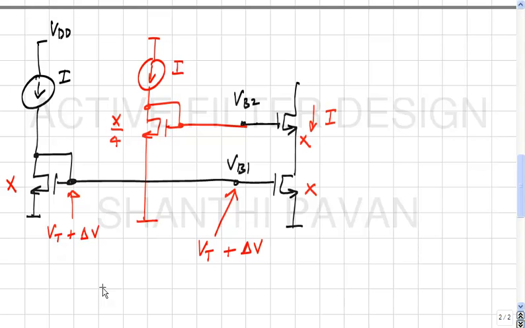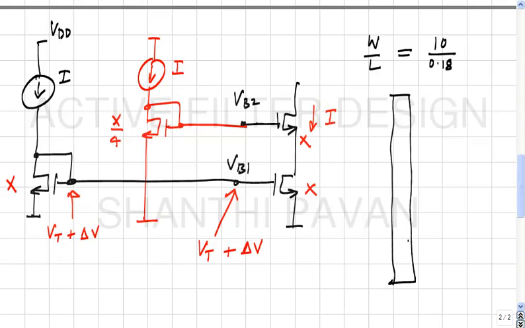So often in circuit design, you will end up with, for example, let's say a W by L equal to 10 by 0.18. Okay. So technically this is a possibility. This is a MOS transistor, which is the gate.